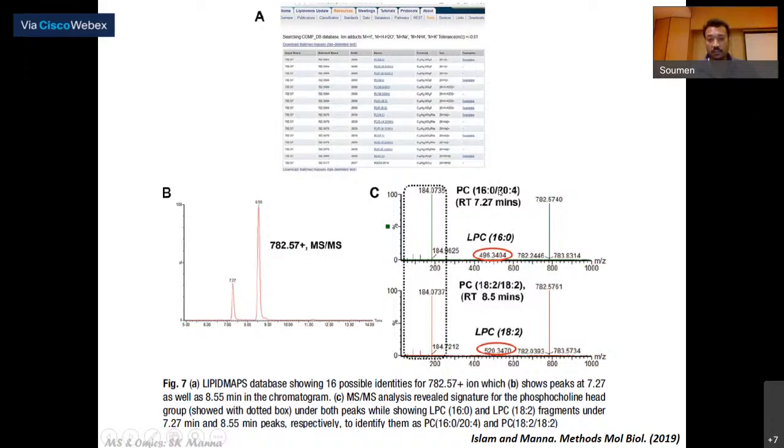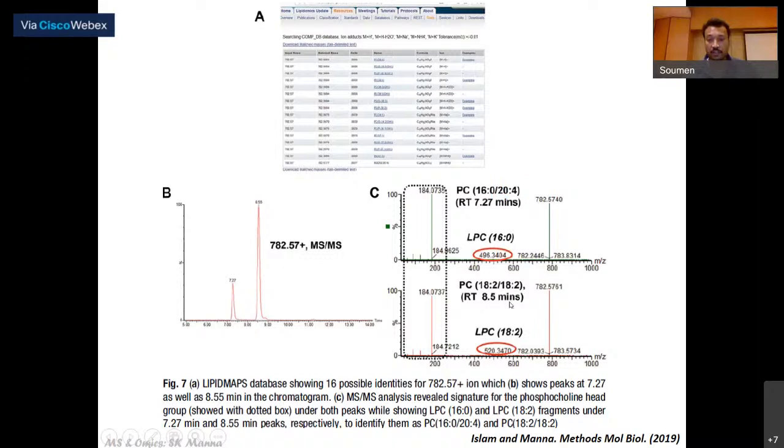One of the combinations, of course, is this and this, but you will assign and confirm this by the presence of, first of all, the phosphocholine 184 in positive mode. We discussed that fragment, and you will also have the other smaller fragments here. And then you will have the LPC because of the loss of one fatty acyl side chain. And that LPC is basically telling you this is a 16:0 LPC because the loss corresponds to the loss of a 24 side chain.